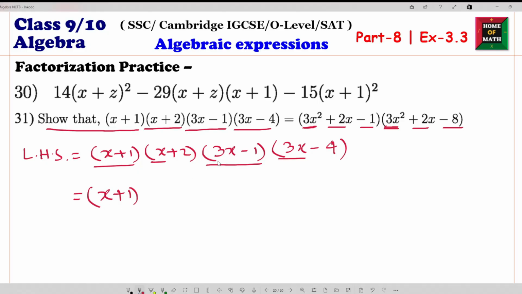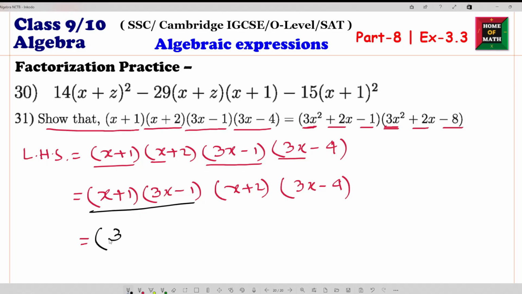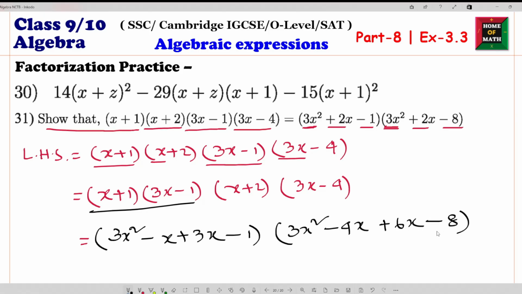(x + 1) and (3x minus 1), then (x + 2) and (3x minus 4), right? Now we can multiply each other. So first this one, 3x square minus x, then plus 3x minus 1, and this one is 3x square minus 4x, then plus 6x, and then minus 8.